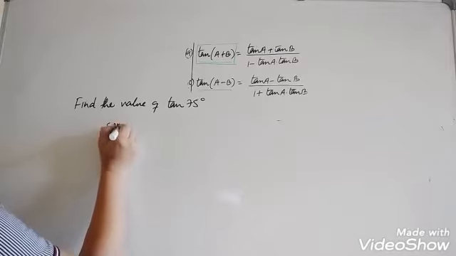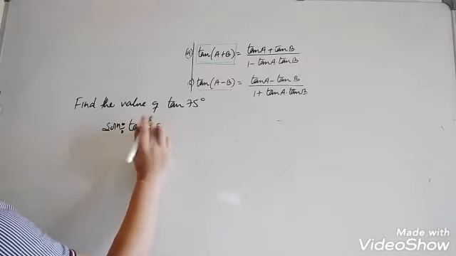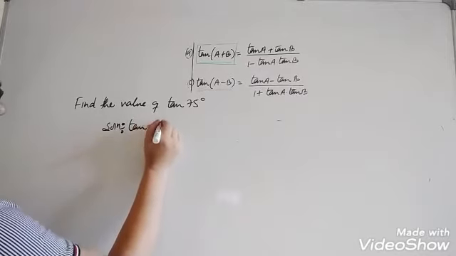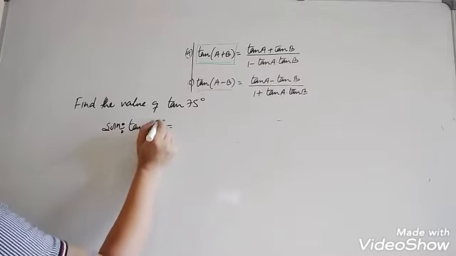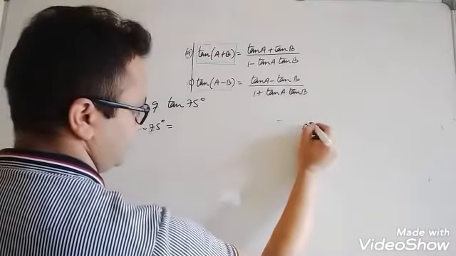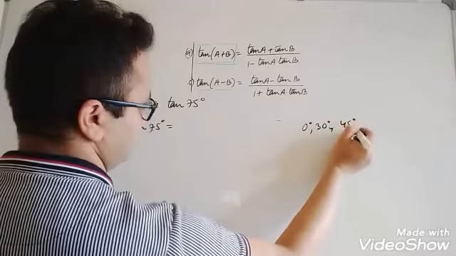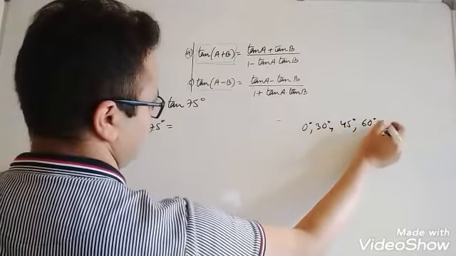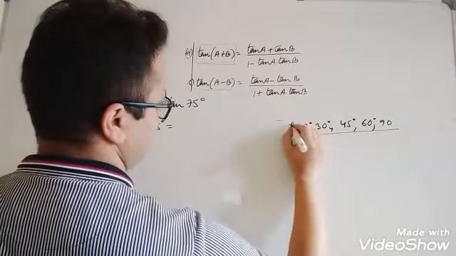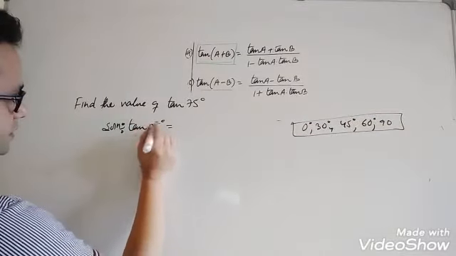First, in the solution, we will write tan 75 degrees. Now first, we make this angle into specific angles. The specific angles are 0 degrees, 30 degrees, 45 degrees, 60 degrees, 90 degrees. So we make it into specific angles by breaking this angle.